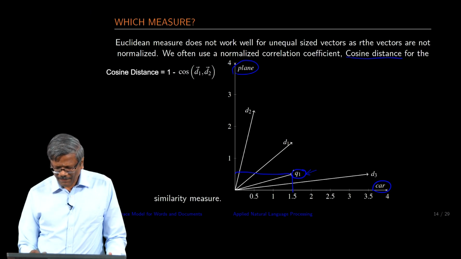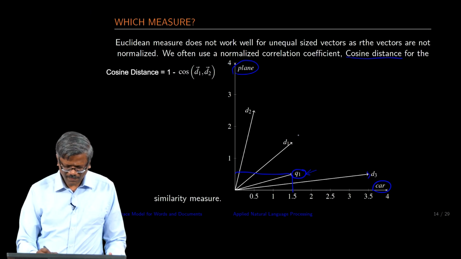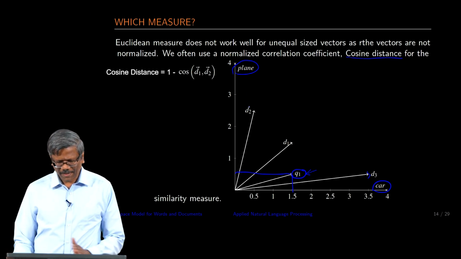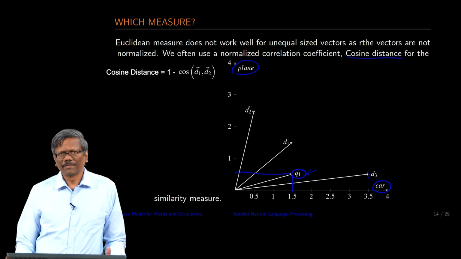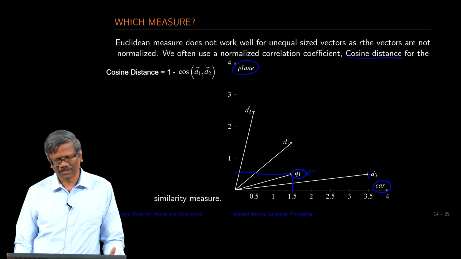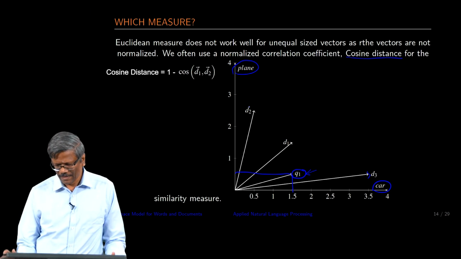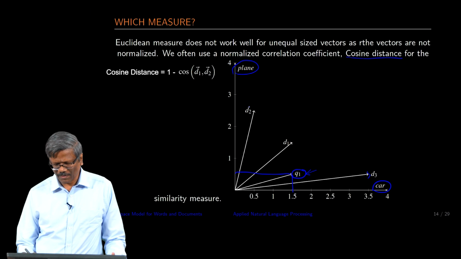And then we have other documents representing car and plane in various directions. We have D3 here, D1 here and D2 here. D2 is very close to the plane because it may contain a lot more terms related to plane than car. So, it is closely aligned to the plane axis, and D3 is very closely aligned to car for the same reason.